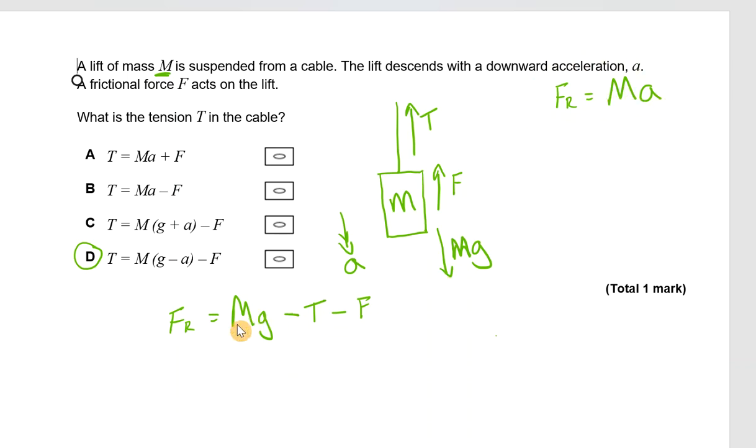So this equation must equal that equation, so I can say that Mg minus T minus F is also equal to big M multiplied by a for acceleration.